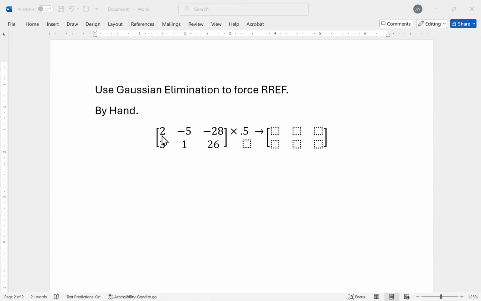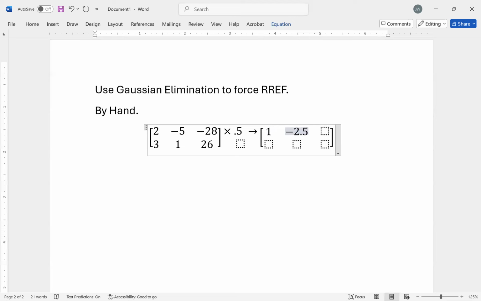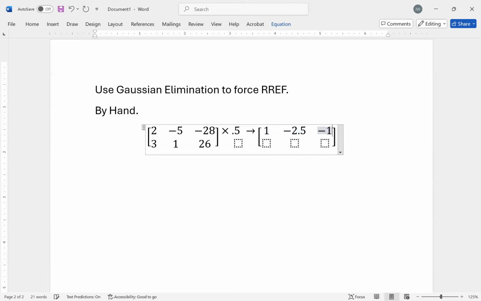To be in row-reduced echelon form, I need that pivot position to be a 1. So I need to multiply that entire row by 0.5. When I do that, I end up with 1, then negative 2.5, and then negative 14 as my first row.